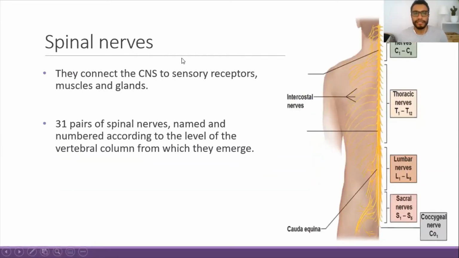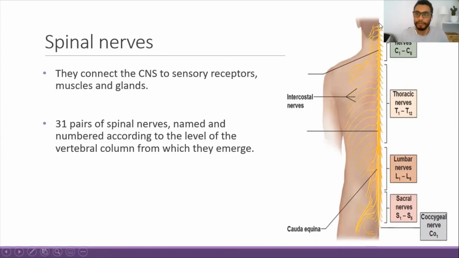The spinal nerves connect the central nervous system to sensory receptors, muscles, and glands. Glands could be glands in our skin, for example. This system consists of 31 pairs of nerves, called spinal nerves because they come in and out from the spine.